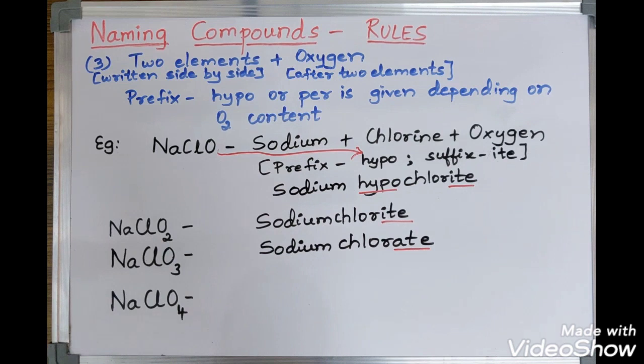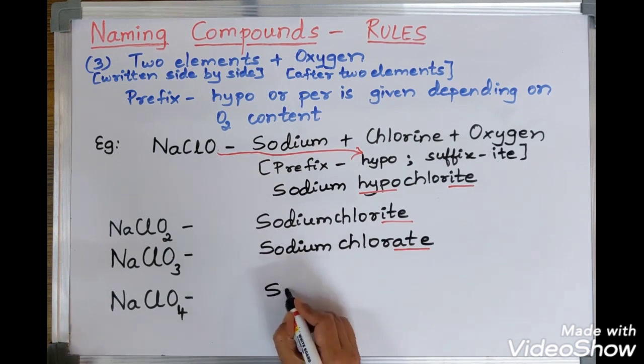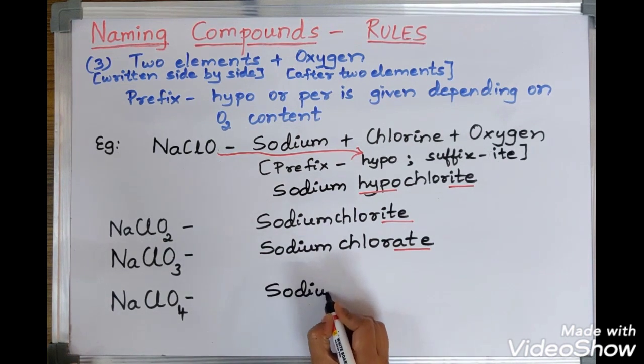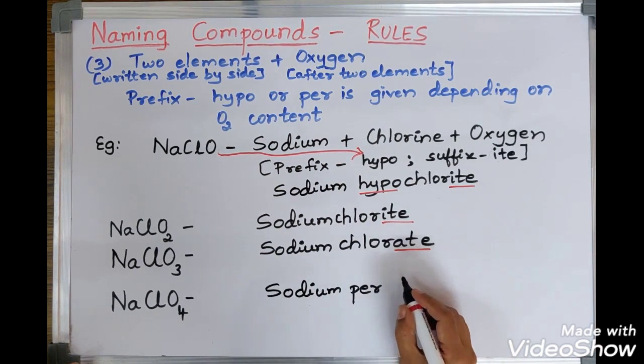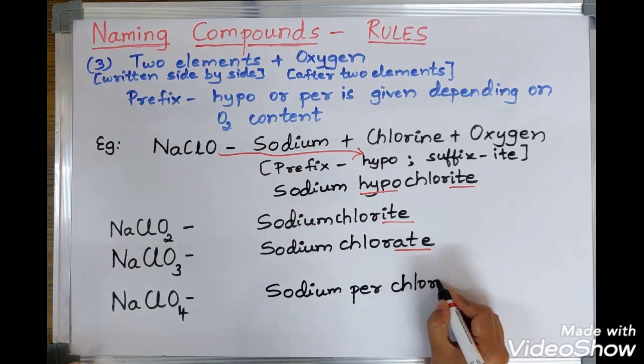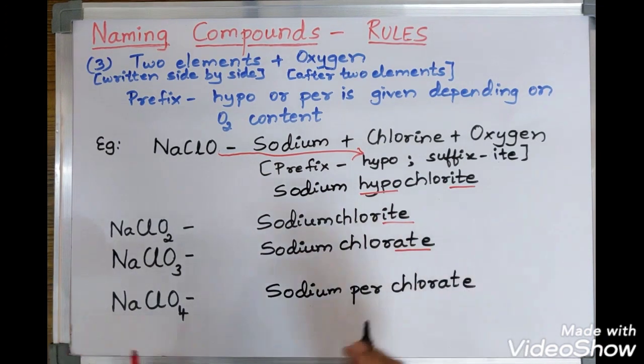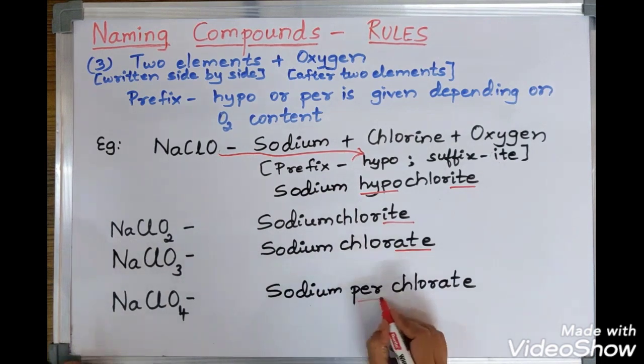Then we have NaClO4. Again sodium. For 4 atoms of oxygen, we use the prefix per, sodium perchlorate. So here the prefix is per, the suffix is ATE.